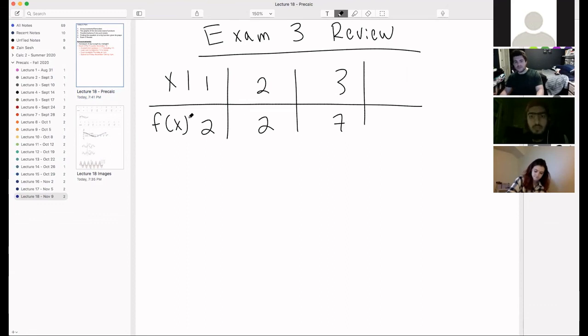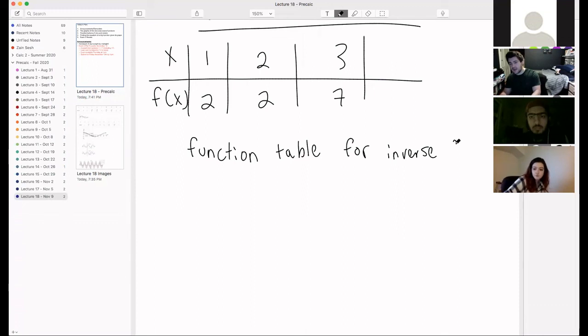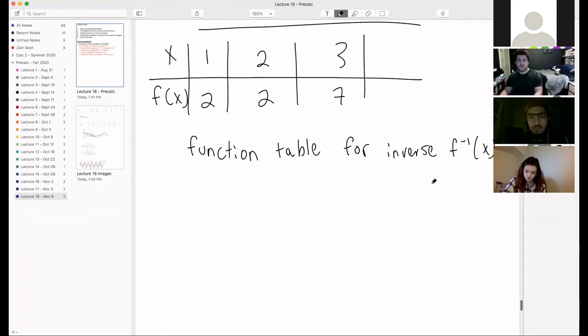Okay, so I want you to tell me what's going to be the function table for the inverse. And remember, we notate that with an f to the minus 1. That's the symbol for the inverse function to f. So give me a function table for the inverse.